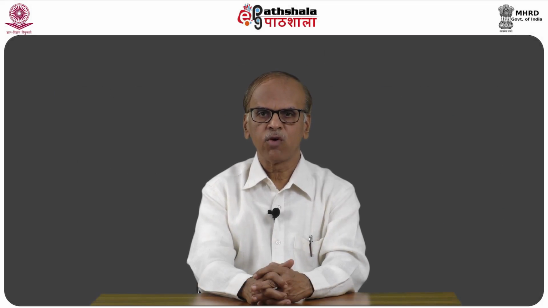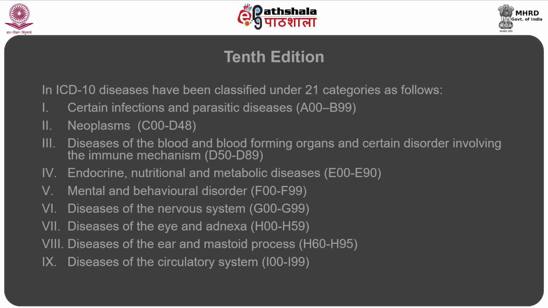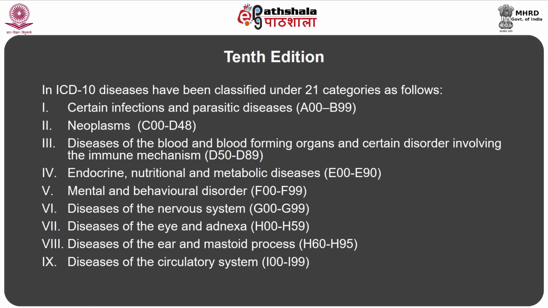ICD-10 diseases have been classified under 21 categories as follows. Certain infectious and parasitic diseases A00-B99, neoplasms C00-D48, diseases of the blood and blood forming organs and certain disorders involving the immune mechanism D50-D89, endocrine, nutritional and metabolic diseases E00-E90.